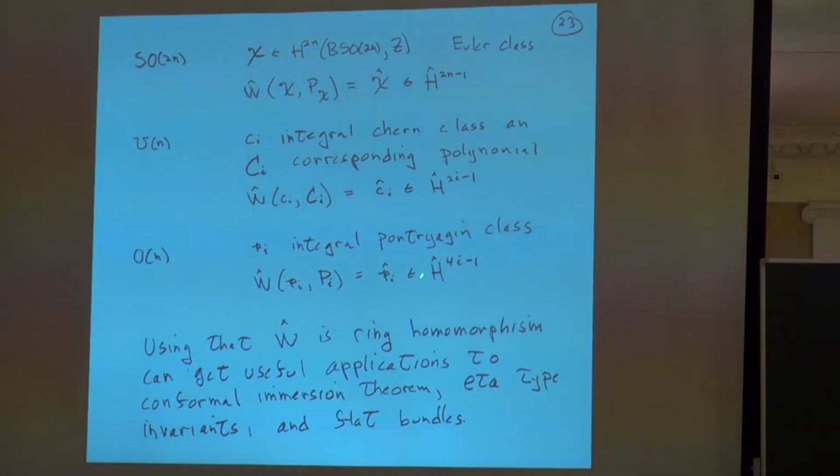So all these guys, and the fact that this is a ring homomorphism, gets useful applications to the conformal immersion theorem. It relates to the Ada invariant, and it relates to flat bundles. So this is a pretty good result. I'm pleased with that.